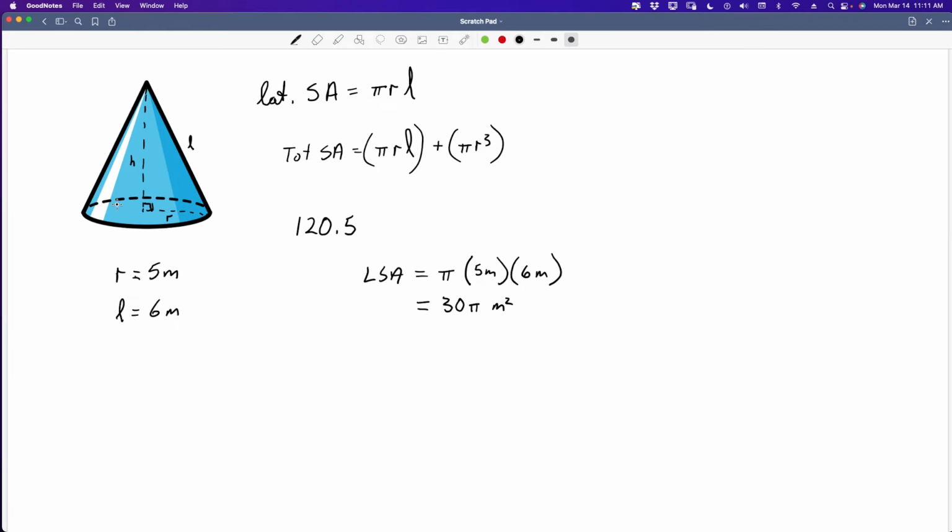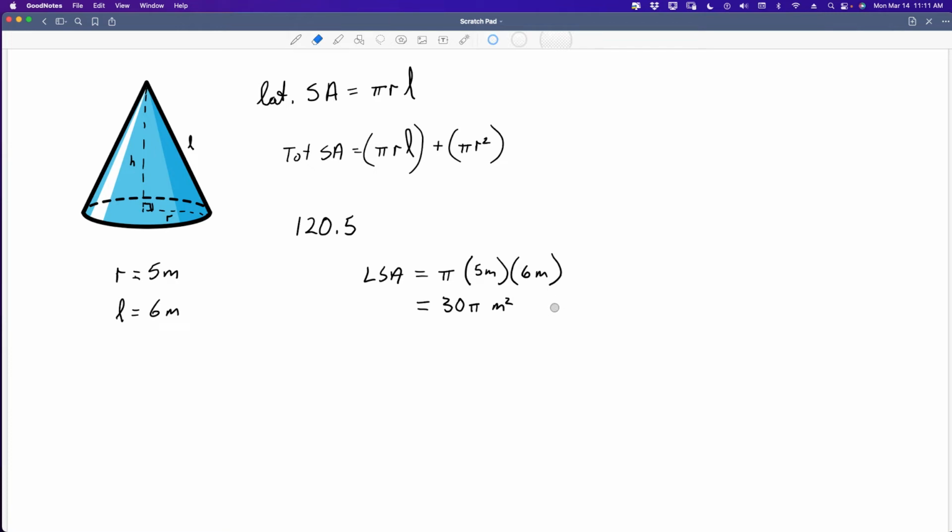Now we're going to add that to the base, which is just this right here, pi r squared, and the radius is 5, so 5 times 5. I wrote a cube right here, and I do not know why. Losing my mind. That's squared. So that is going to be pi r squared, so that's 25.